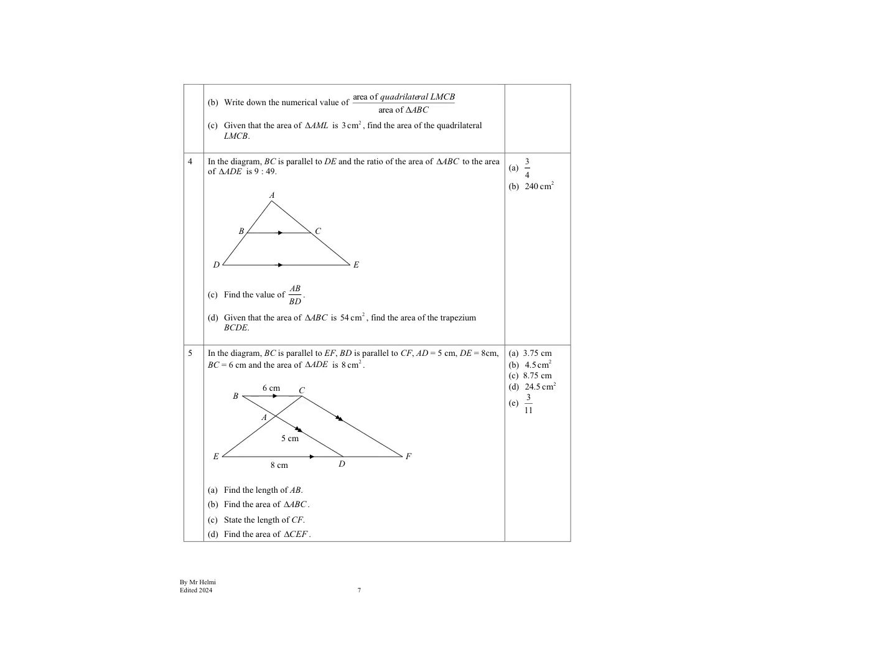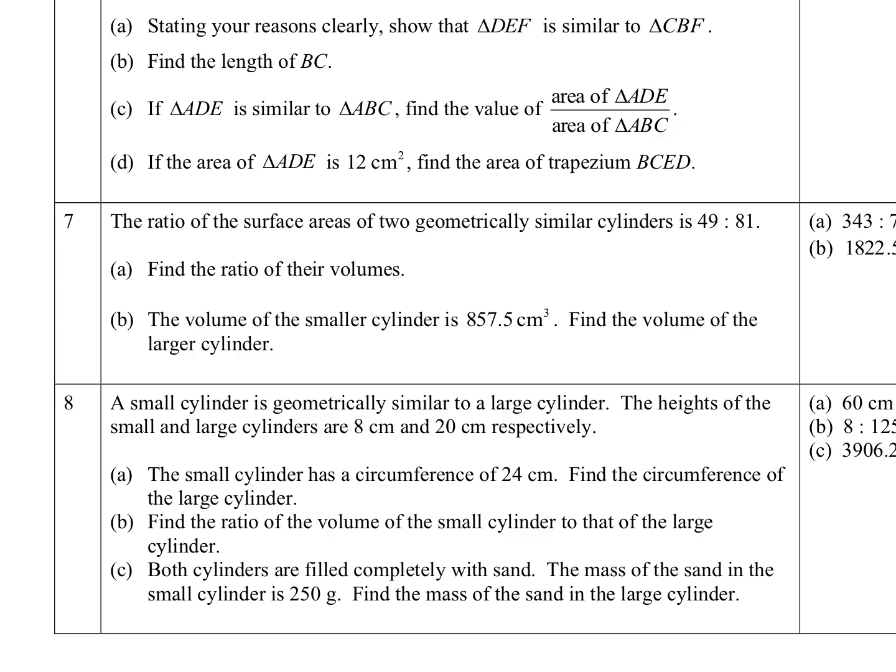Let's just jump into 7 very quickly. They tell you ratio of surface area. As long as it is area and it is geometrically similar, they are telling you that A1 over A2 is 49 over 81. You realize that the numbers are perfect squares.